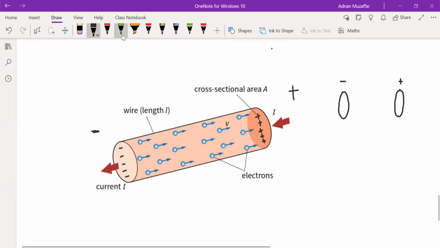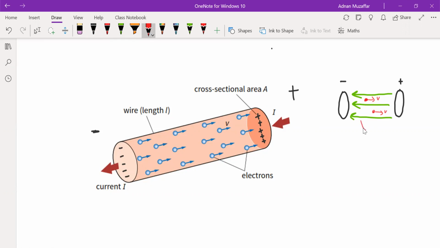Can I say that there will be an electric field between these two plates, and the direction of the electric field will be from positive to negative, and this electric field will be a uniform field, and the electrons which are drifting towards the positive plate, for example, these are the electrons with drift speed. These are in the opposite direction of the electric field.